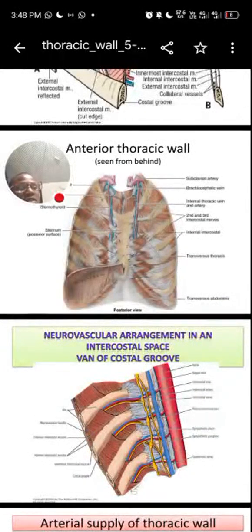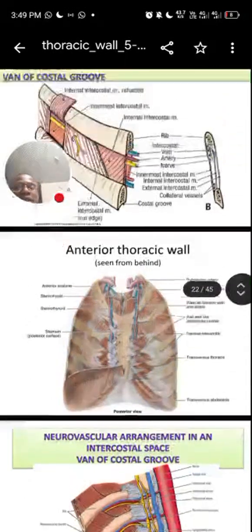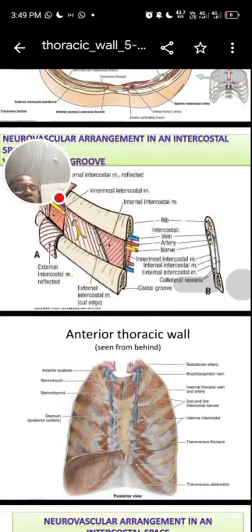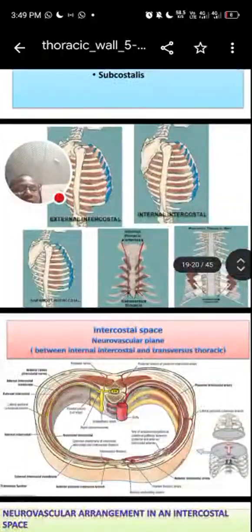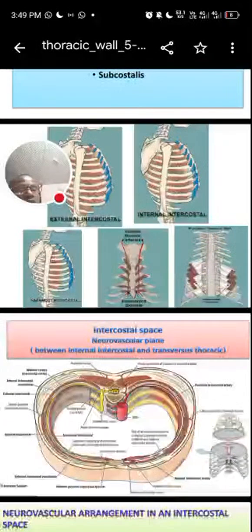The wall of the thorax. We look at the thoracic wall, the structures that are lined there. We look at the thoracic space.